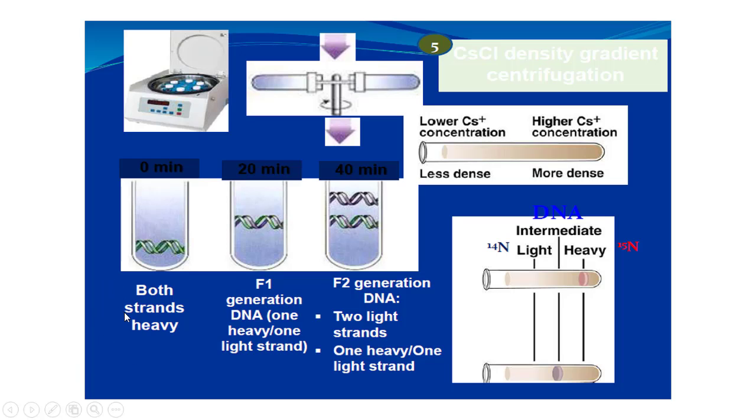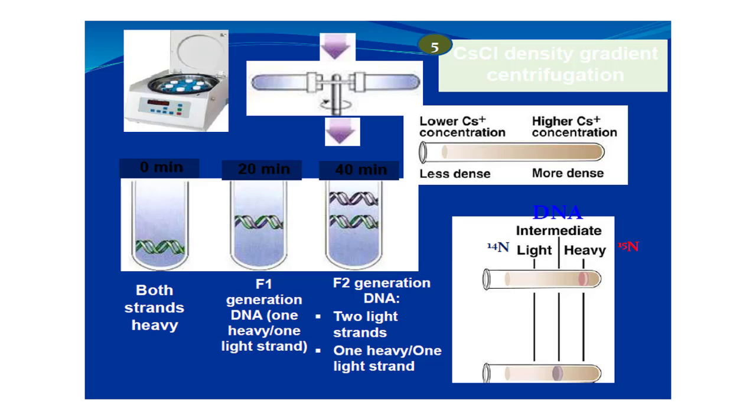In the first generation, the DNA isolated from the bacteria has only one band, the heavy band of N15 isotope. In the next generation, the DNA is isolated and separated in the cesium chloride density gradient centrifugation, which shows a band between N15 and N14. That means one strand of DNA contains N15 and the other strand contains N14. It shows a semi-conservative mode of replication.